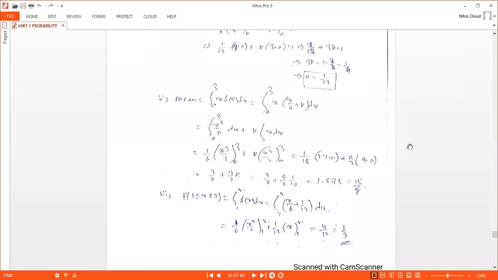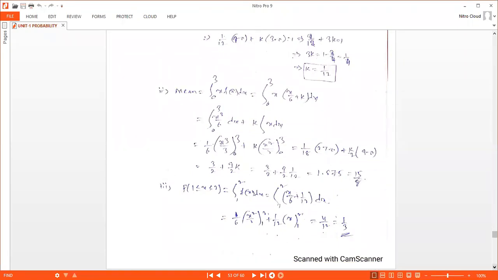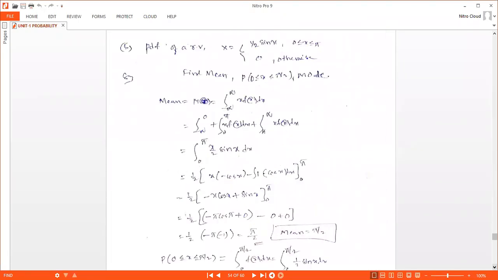Integration of x is x square by 2. Integration of 1 is x. Within the limits 1 to 2, take upper limit minus lower limit. Value is 1 by 3.